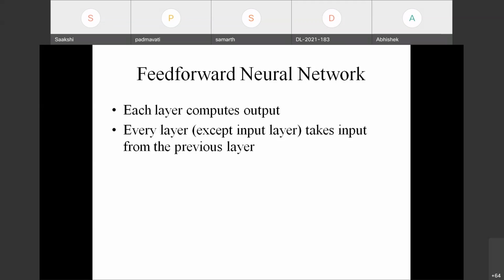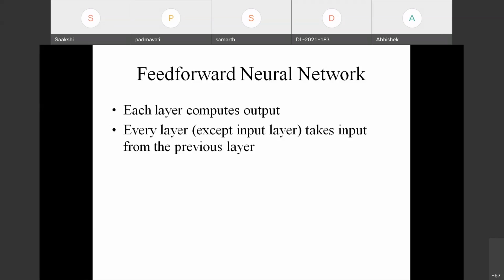It will accept x, that is the sample, and the weights will be given to the function, and the function computes some equation. I will show you what type of equation it will be. It will solve the equation and produce the output.